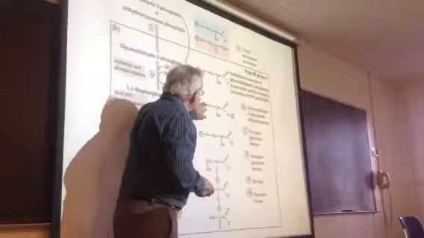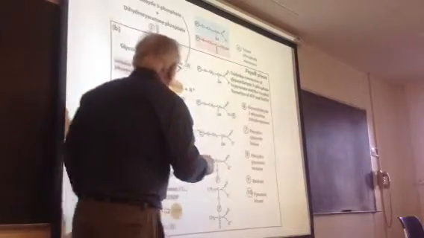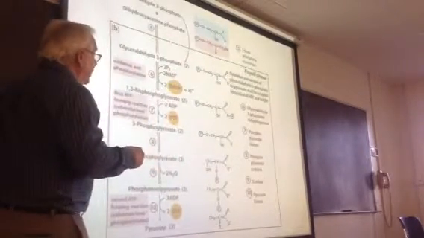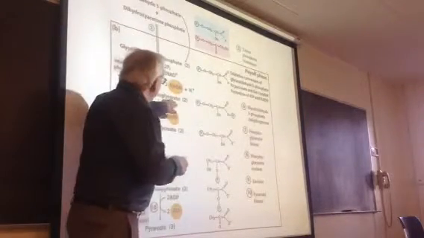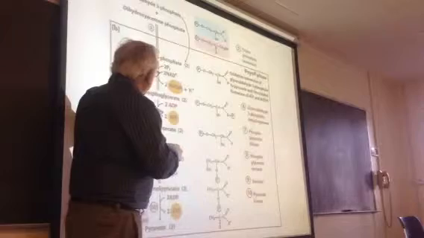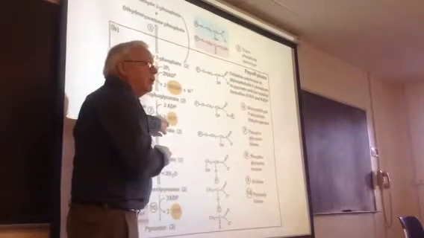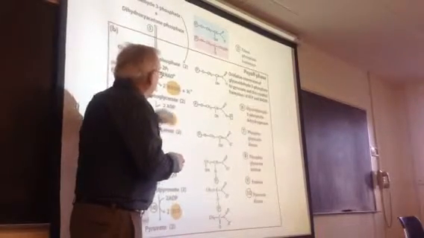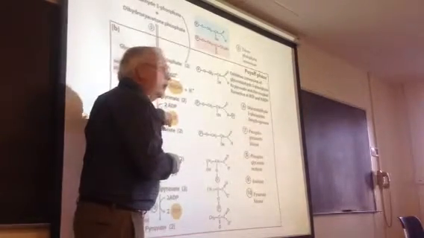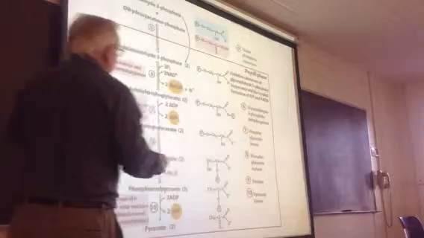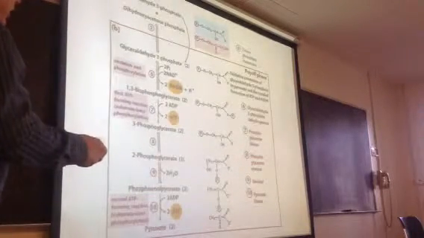This has sufficient Gibbs free energy. It's higher in energy than ATP. It's sufficiently high in energy that it can donate its phosphate successfully to ADP to make ATP. And even though you're making ATP, this is energetically downhill. It's a favorable conversion, because this is just such high energy.